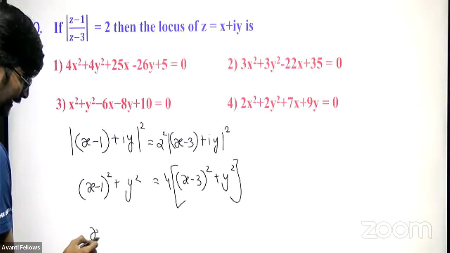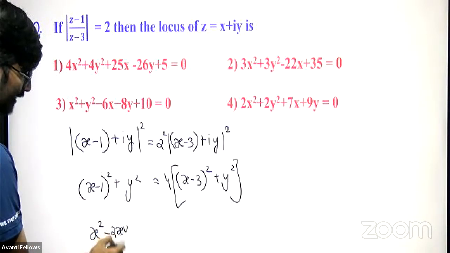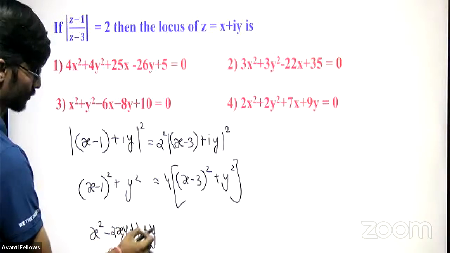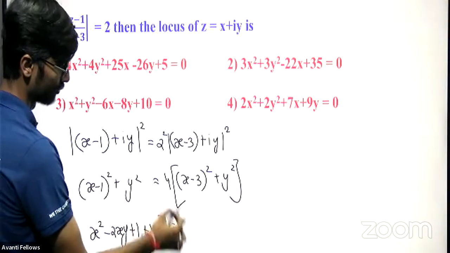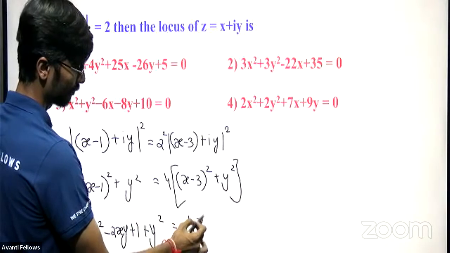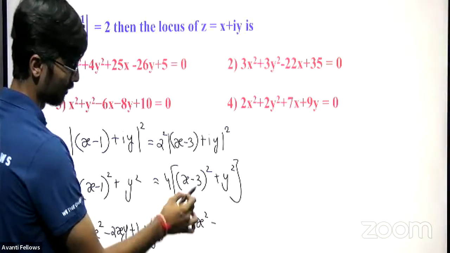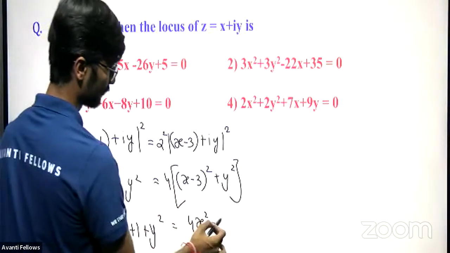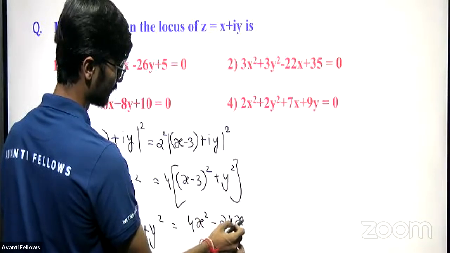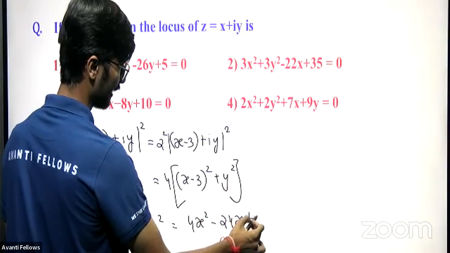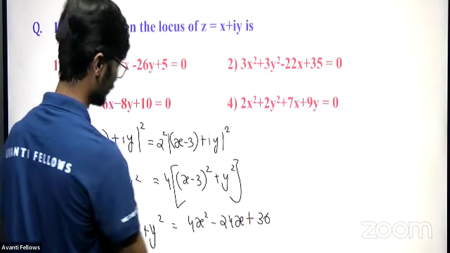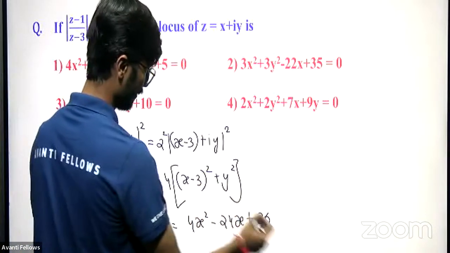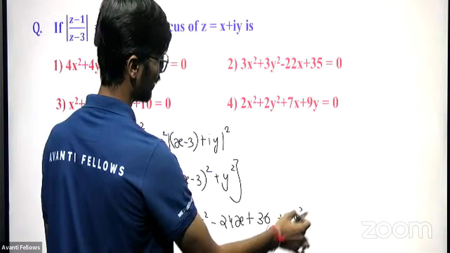Let's do it. x square minus 2x plus 1 plus y square is equal to 4 times x square minus 6x plus 9, that is minus 24x and plus 36, correct? Plus 4y square.